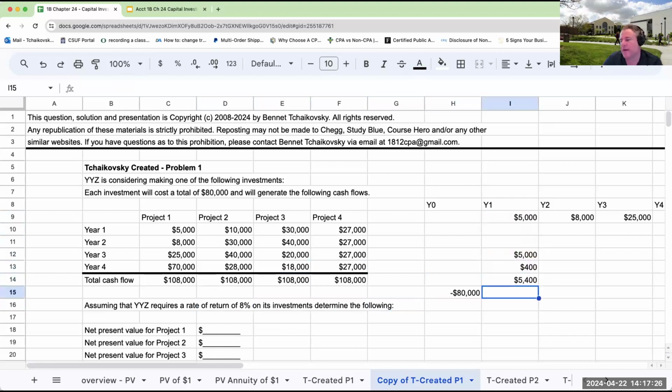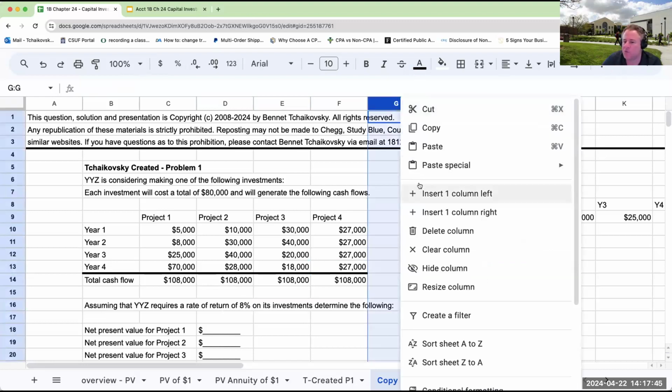The value of that money would not be 5,000, but it would be 5,400. So what I need to do is take these future payments and bring them back to today's dollars. And how we're going to do this is through present value.